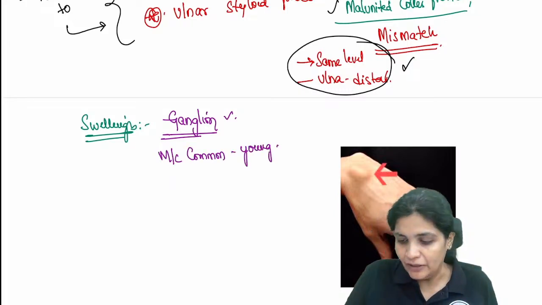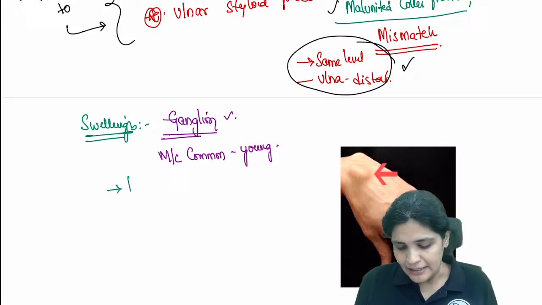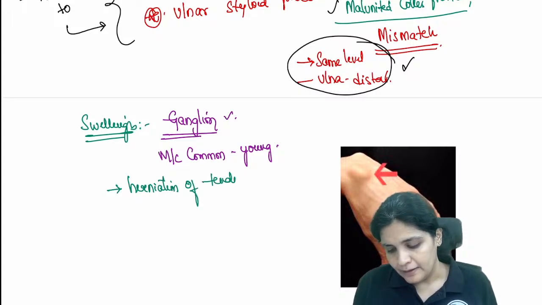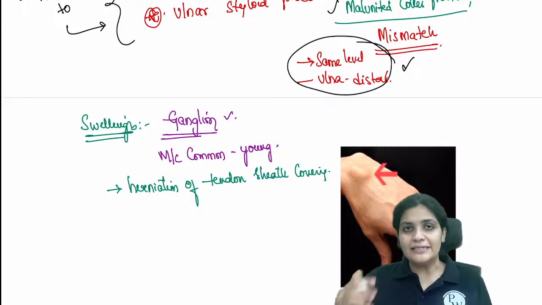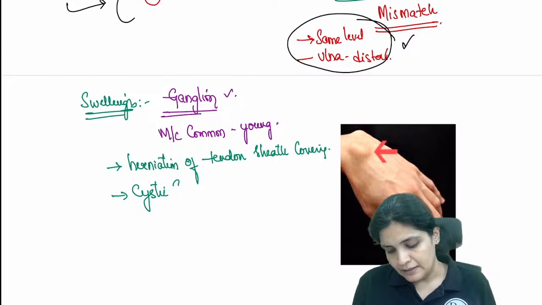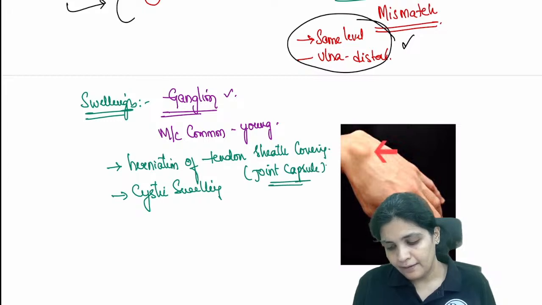So what is a ganglion? A ganglion is nothing but a herniation, right? It is a herniation of the tendon sheath covering. It is a cystic swelling of the tendon sheath or the joint capsule, right?